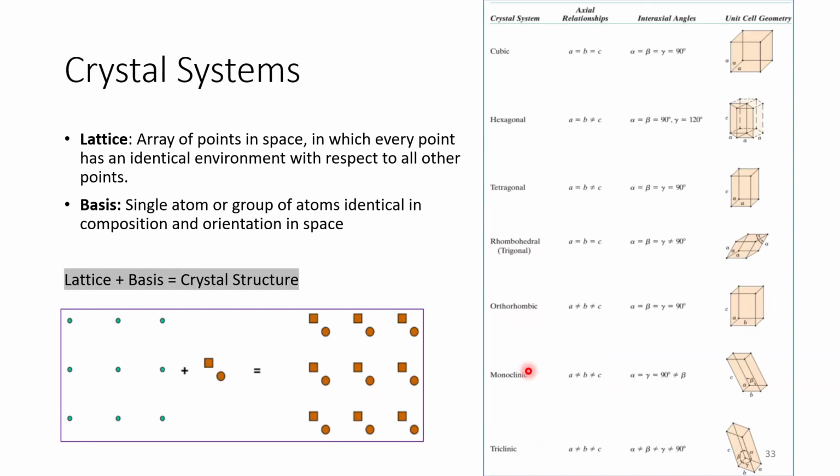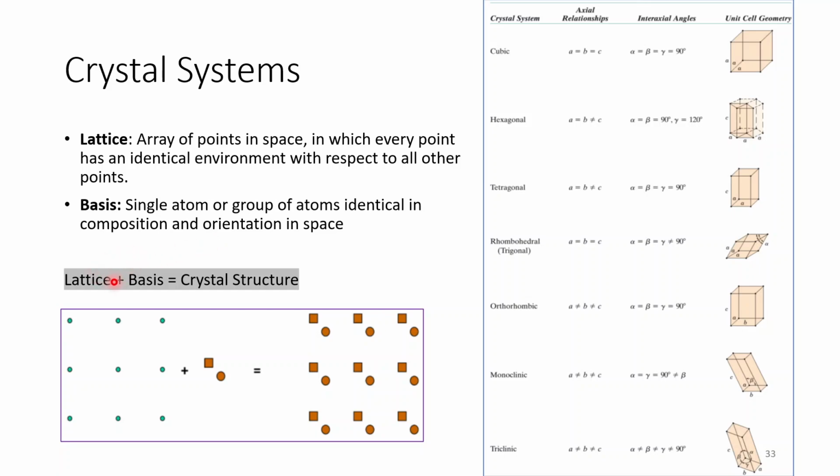Okay, now next, in case of crystal systems, you have first lattice. So lattice is a mathematical representation. It is an array of points in space in which every point has an identical environment with respect to all other points, and the basis is a single atom or group of atoms which are identical in composition and orientation in space.